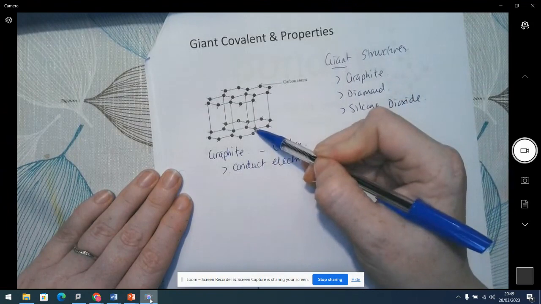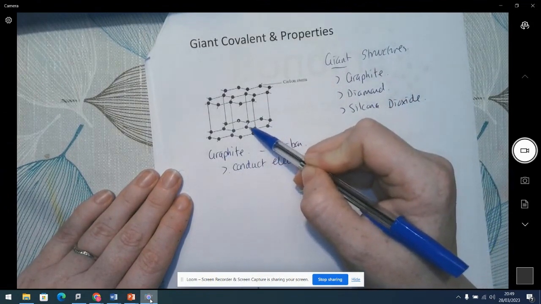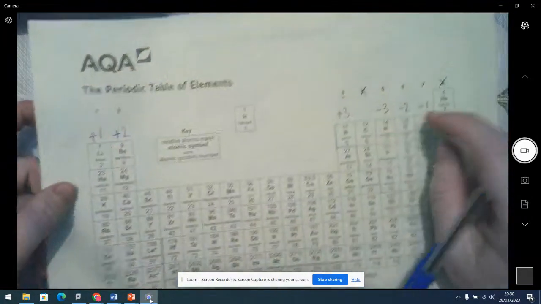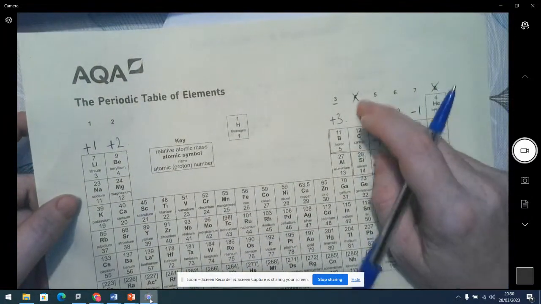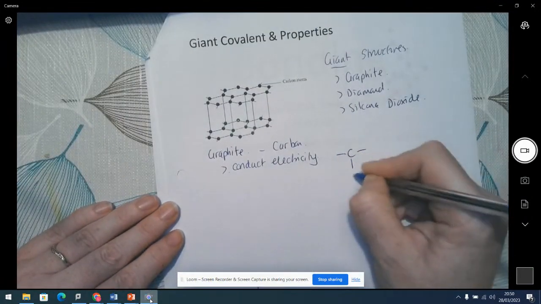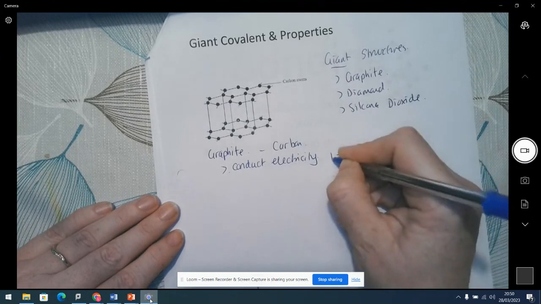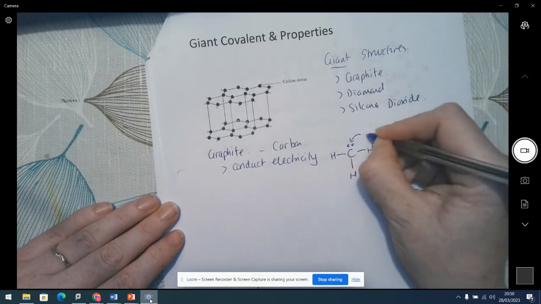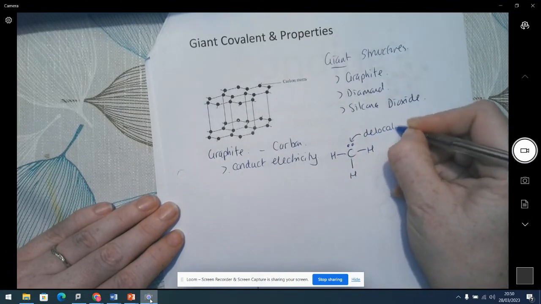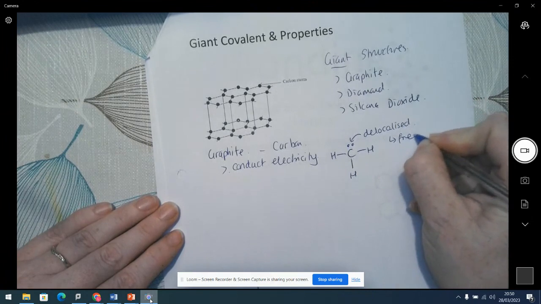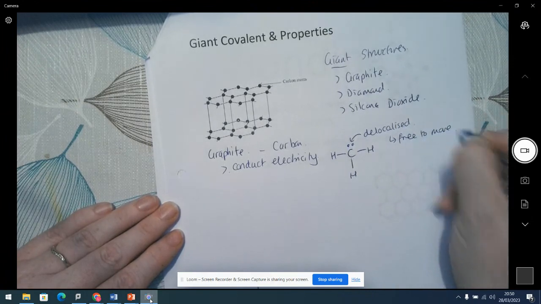If you look at the diagram, can you see how each atom forms 3 bonds? Now, in reality, carbon is in group 4, so should therefore form 4 bonds. So we have a carbon atom that has 3 carbon bonds, which leaves behind this delocalized electron. And we know delocalized means free to move.